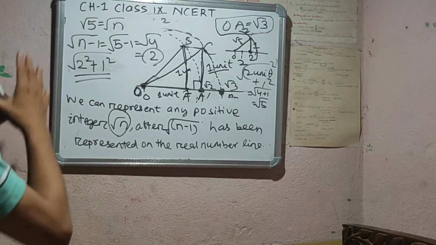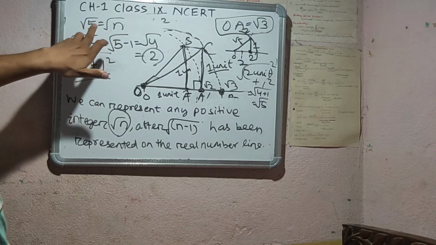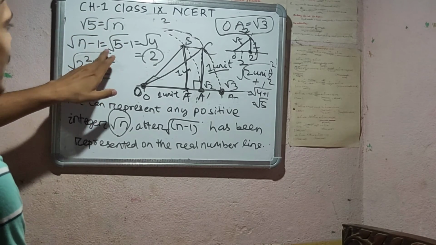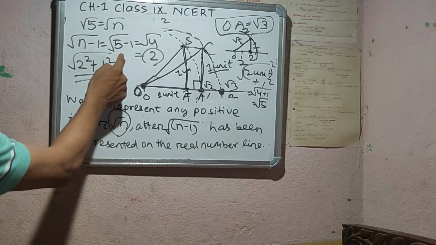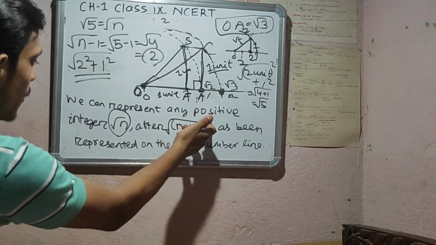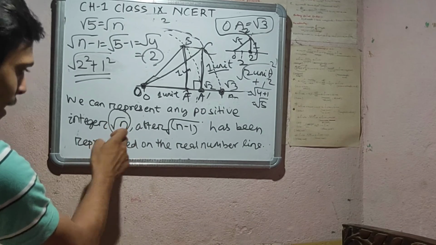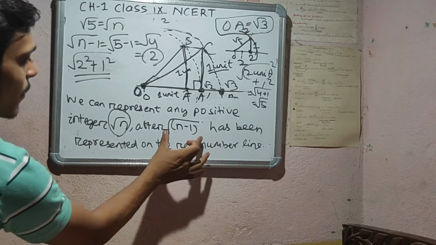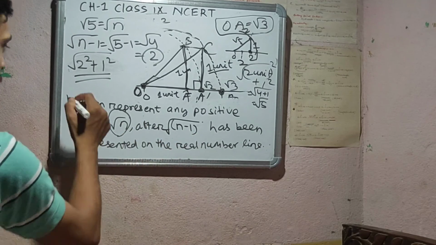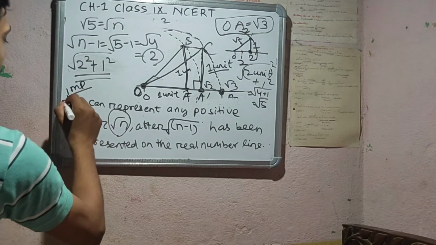So if any number is given, whether n is 7 or 11 or 13, you have to find n minus 1. If you represent n minus 1 on the number line, then you can easily represent the square root of n for any positive integer n. So you have to find the n minus 1 value. This is very, very important from the exam point of view.